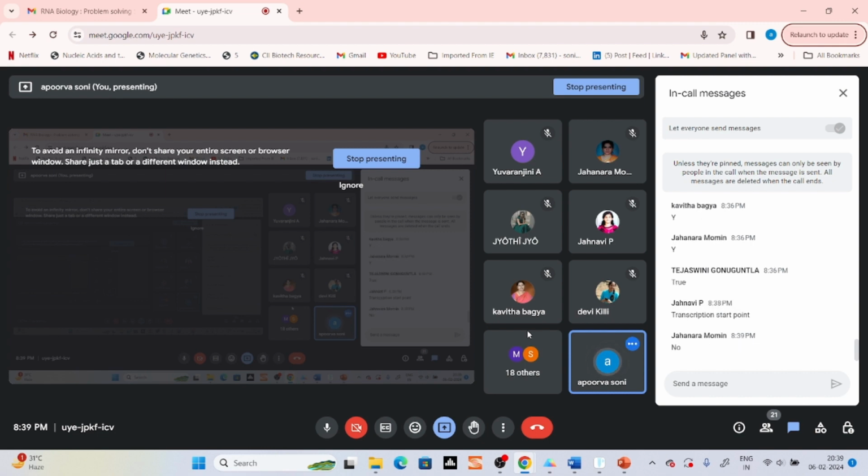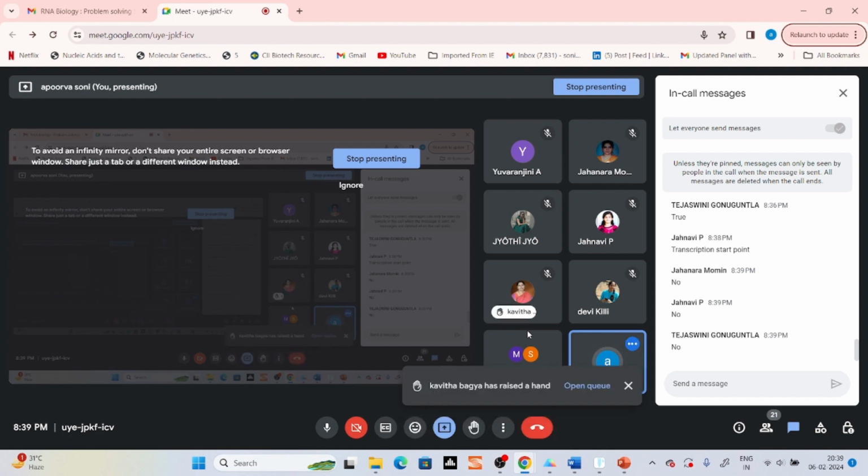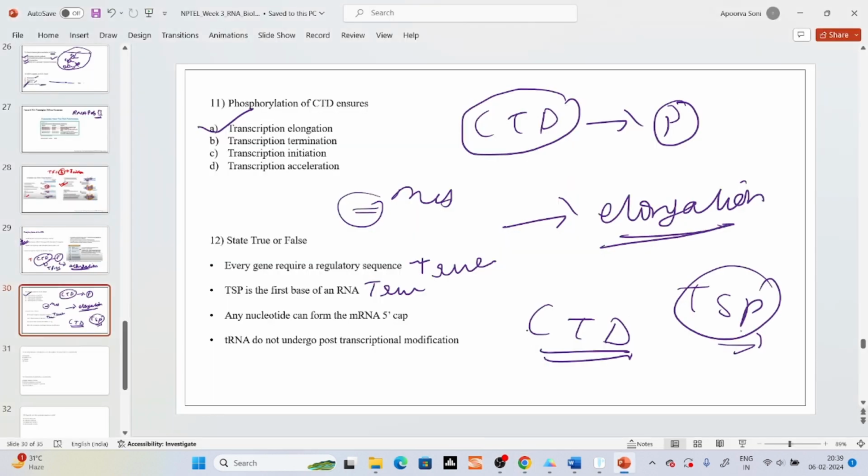Any guess? What forms the 5' cap? It is false. The answer is false. Okay, Kavita, you can tell. Yes, correct answer. So this is false.